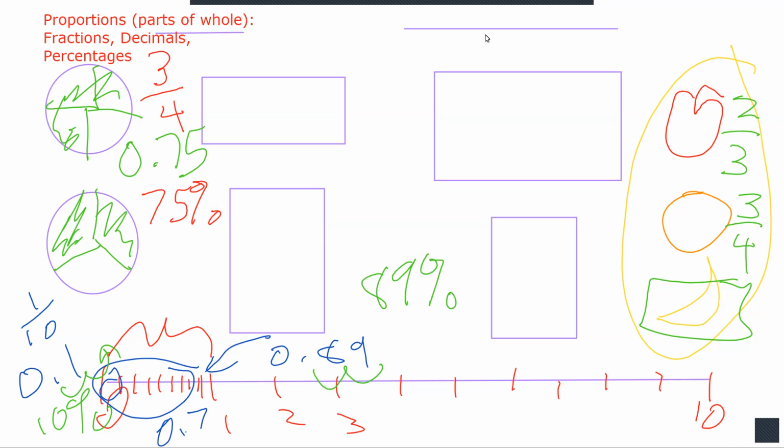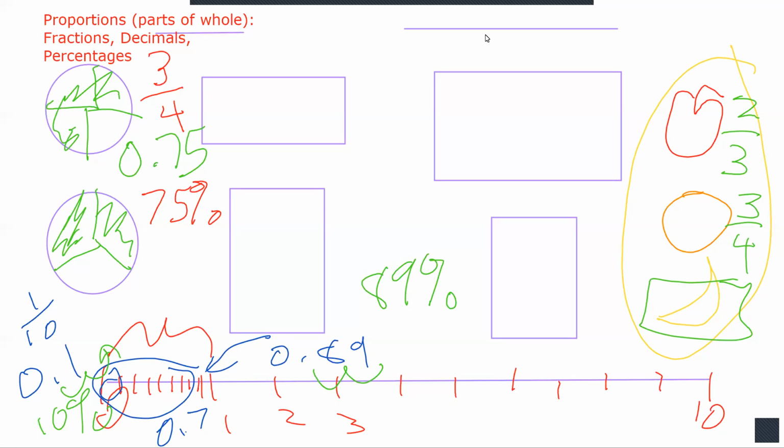And when we're speaking, we don't usually say 0.89, but we can. We usually say, oh, well, it's 89%. And if you say 89%, most people will know you mean it's almost 90%. It's almost the whole thing. Little sliver has been shaved off. Maybe that was taxes. Okay, 10% is taxes in a lot of places. But those are the basic ideas, as there are different ways to express some partial amount.